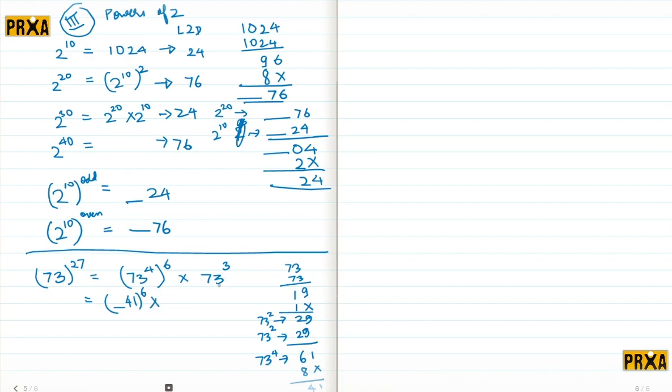Okay, now I got to find the last two digits of 73 cube. Now I already know that 73 squared, last two digits are 29, so I'll just multiply. So 73 squared, last two digits 29. Let me multiply this by another 73, and I get 9 3 the 27, 2 3 to the 6 7 8, 9 7 the 63.